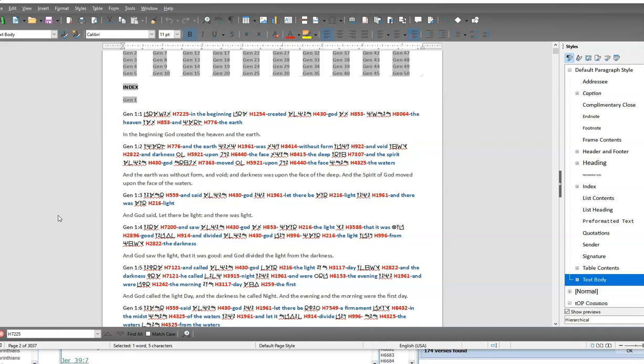Absolutely not. We're talking more about something qualitative. It's definitely qualitative. I mean, even quantitative if you want, but definitely not chronological. This is massively important. Bereshit.